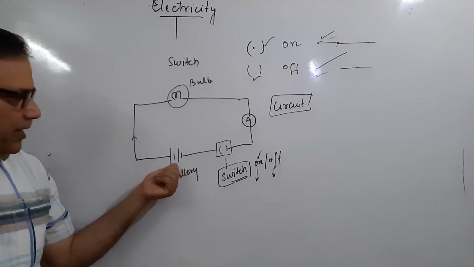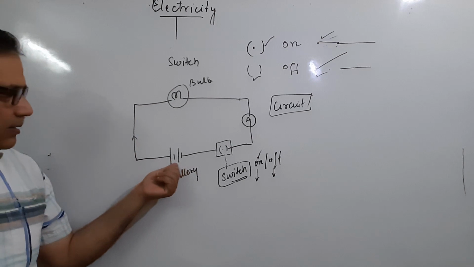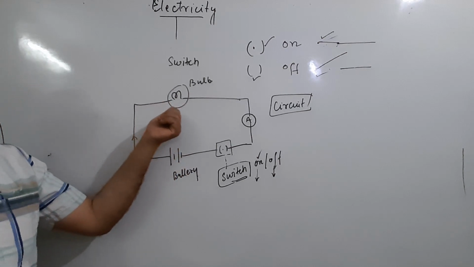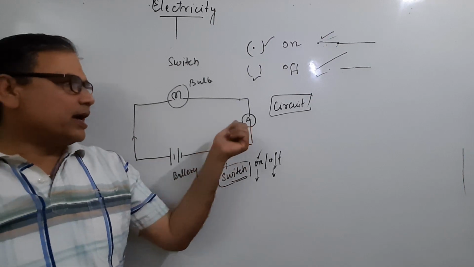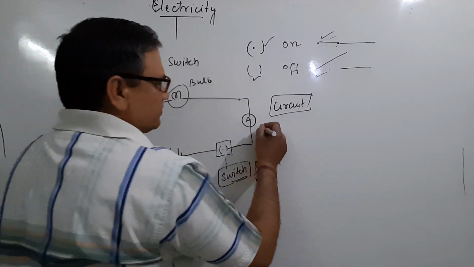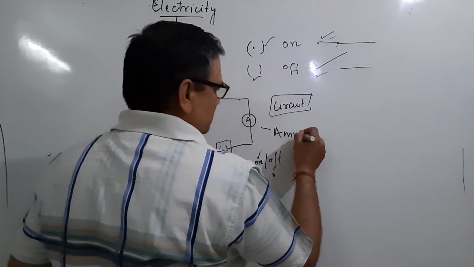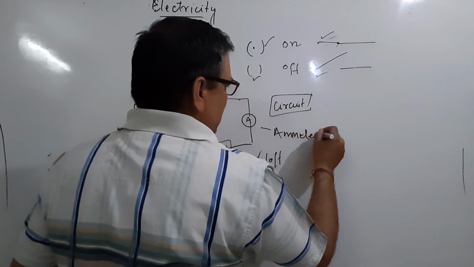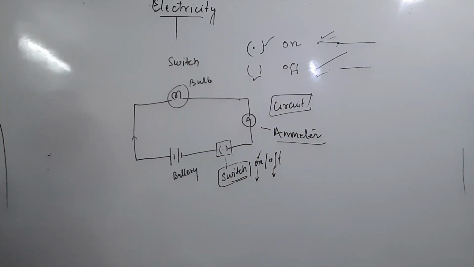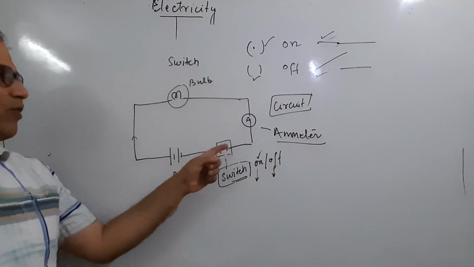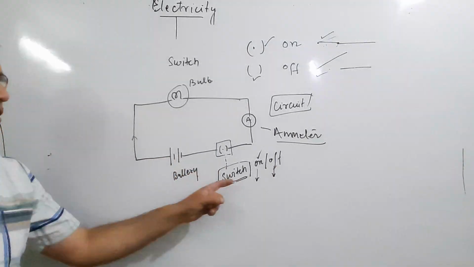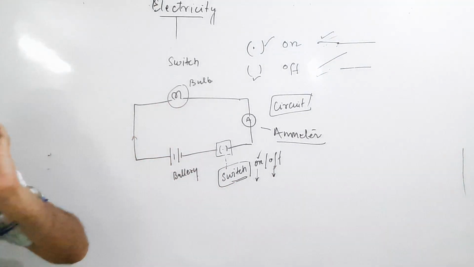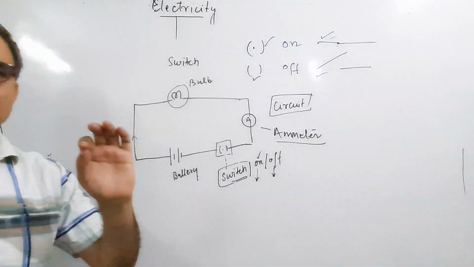First is the battery or cell, second is the bulb, third is the switch, and this is the ammeter. When they are connected with the help of wire, the current flows, and when the switch is on, the bulb will glow. It is known as a circuit.